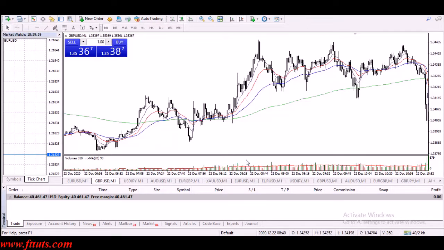Mainly you will be using the volume during the trend to check, because the trend needs big volume. So volume missing means the trend is about to reverse. Pay attention. So here we are buying here. Price broke this resistance, this high, broke it from here. That's why it's a breakout.